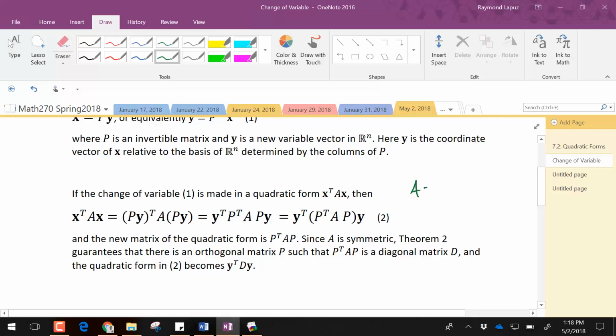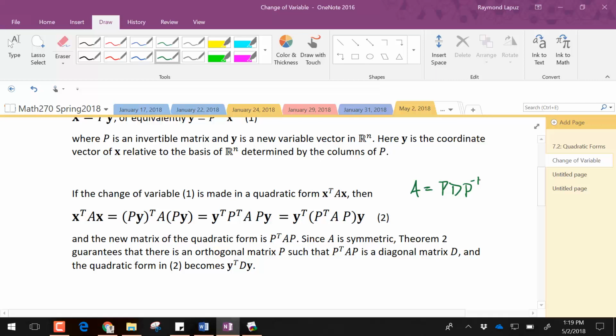So it turns out that if we can diagonalize A, because A is a symmetric matrix, the P that we would be looking for will be an orthogonal matrix, or we should say orthonormal matrix.